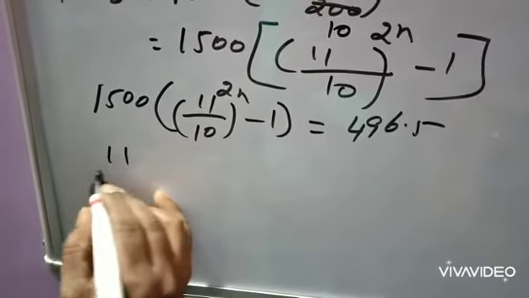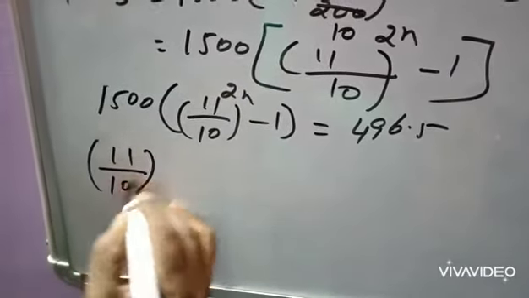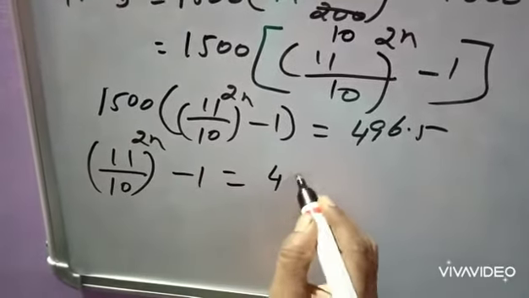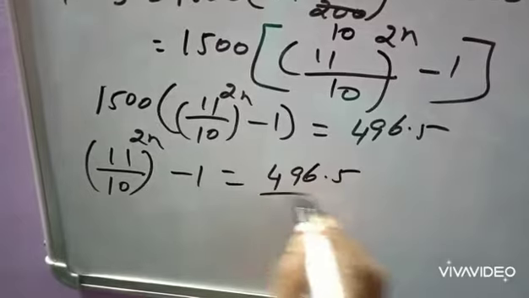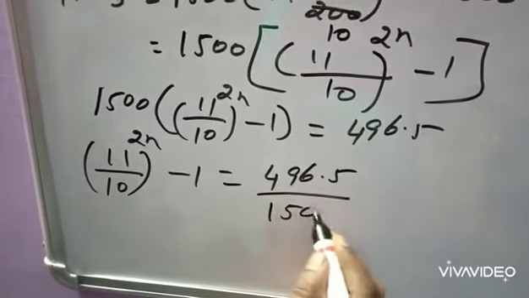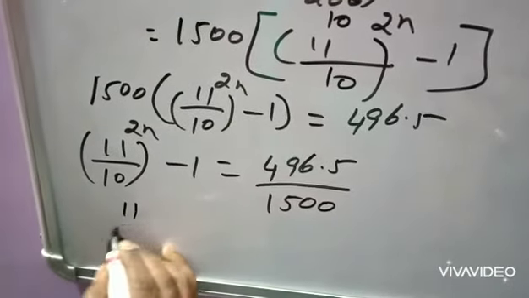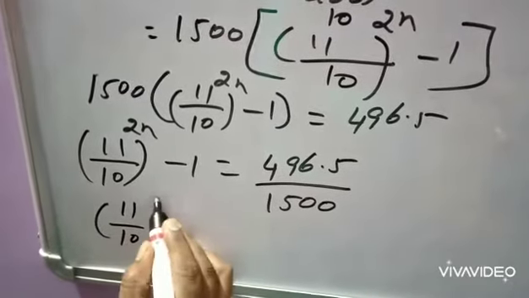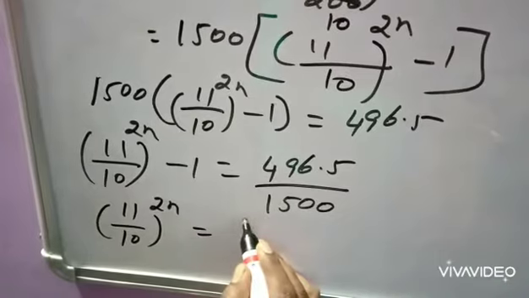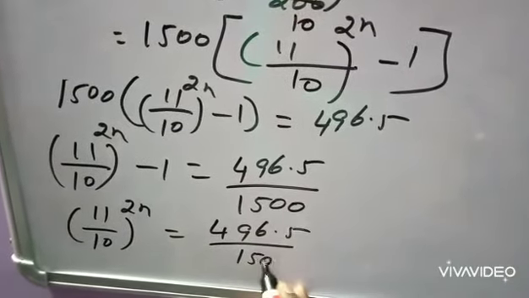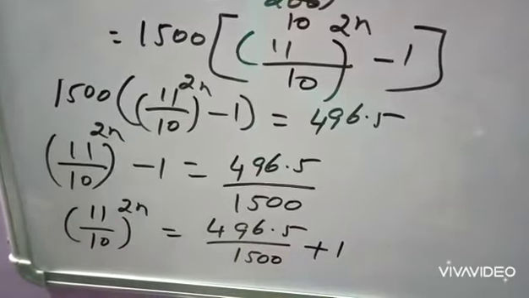So we have 11 by 10 power 2n minus 1 equal to 496.5 divided by 1500. So now this minus 1 will go to the right hand side. 11 by 10 power 2n equal to 496.5 by 1500 plus 1.